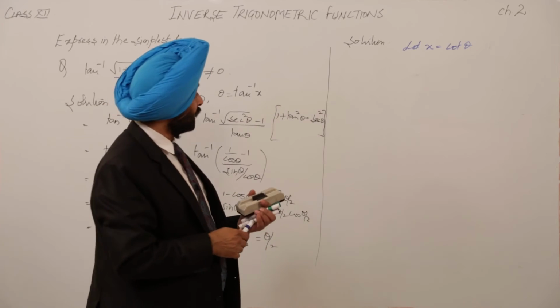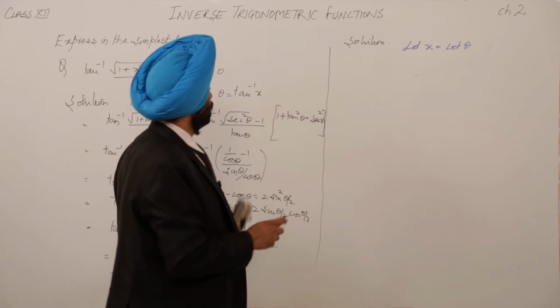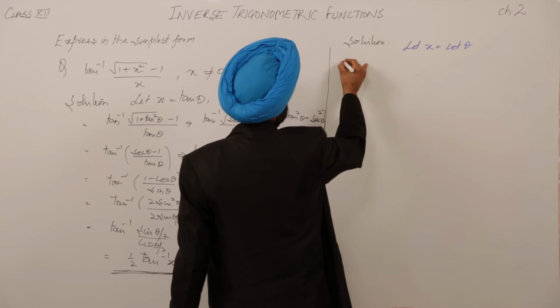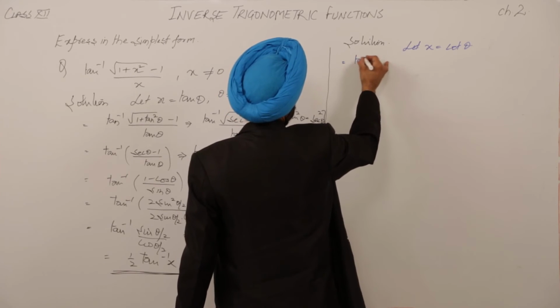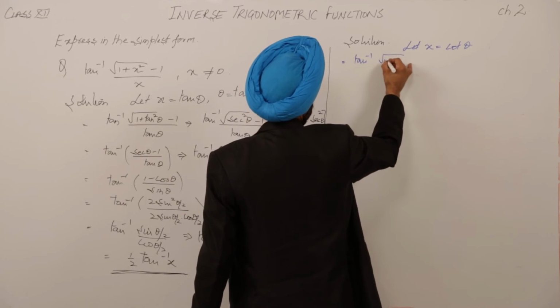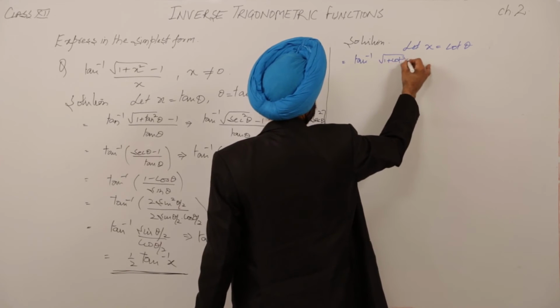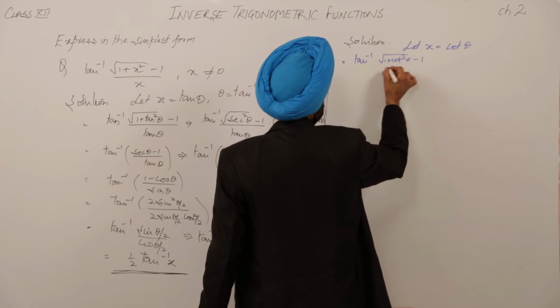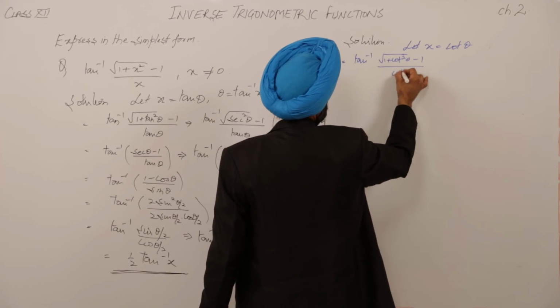We have done that. Now I have written here x is equal to cot theta. Now for cot theta, what did we get? Tan inverse of under the root 1 plus cot square theta, minus 1, upon cot theta.